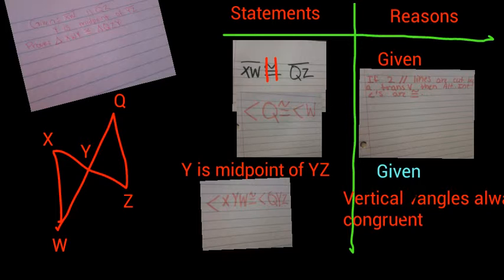Lastly, to prove that triangle XWY is congruent to triangle QZY, we would use the theorem ASA. So let me move this up a little bit. Hold on one second. Move this up.